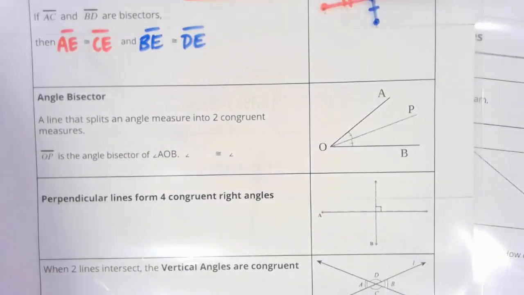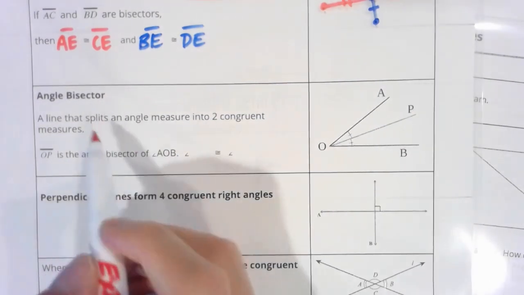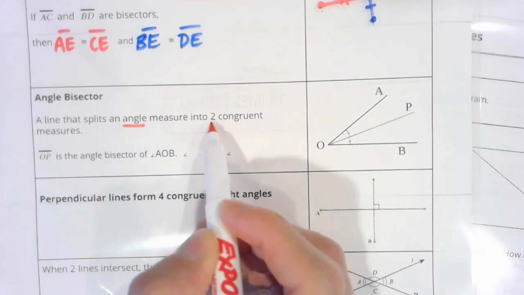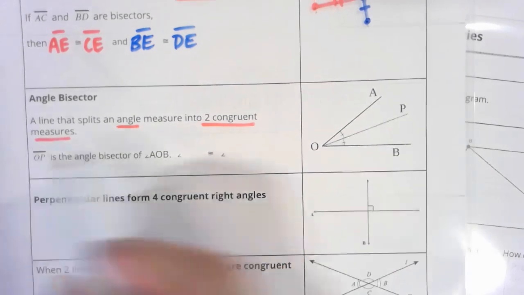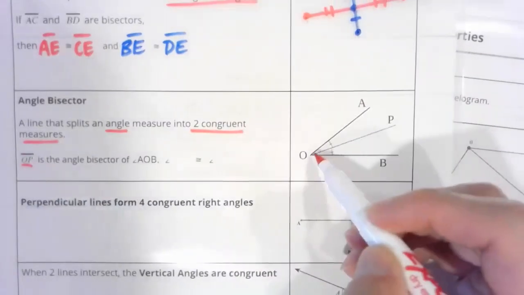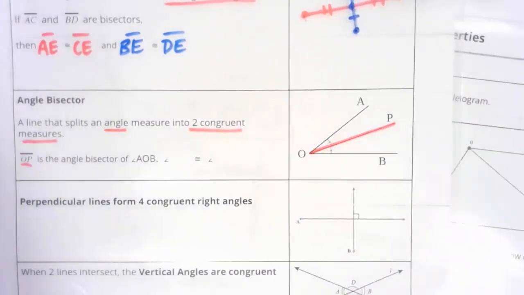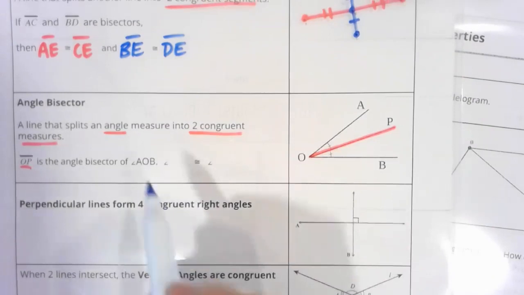Next, the other type of bisector that you can have is an angle bisector, and that's a line that splits an angle measure into two congruent measures. So it splits an angle into two equal halves. So it's telling us here that OP, line segment OP, that's this right here, is splitting angle AOB.